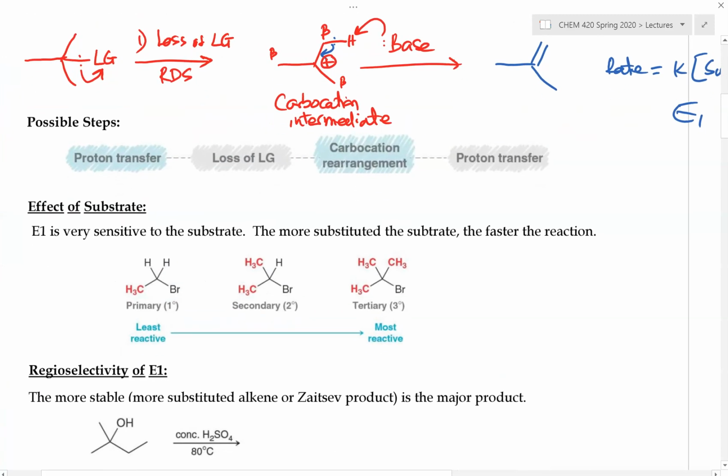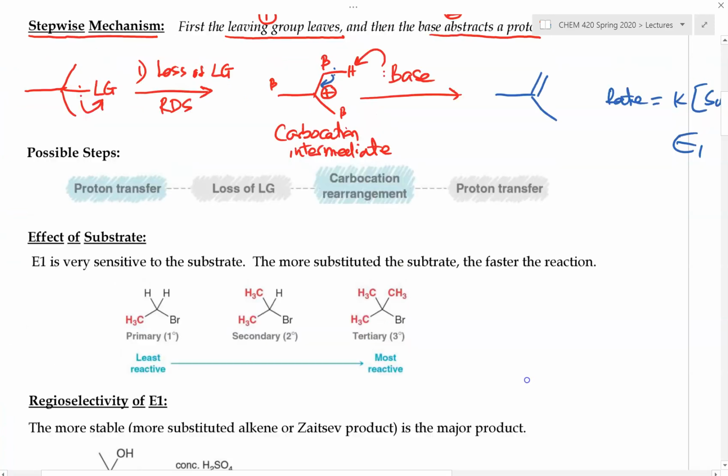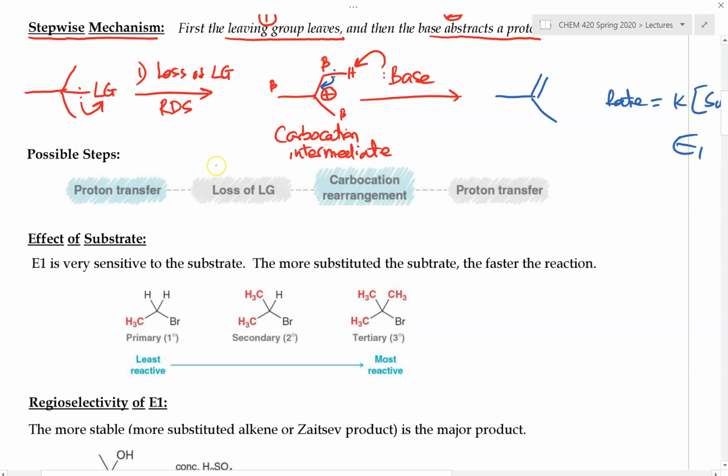In addition to the 2 steps that we have seen above, the loss of the leaving group and the proton transfer, which are the core step number 1 and core step number 2, there can be another proton transfer at the beginning of the reaction.